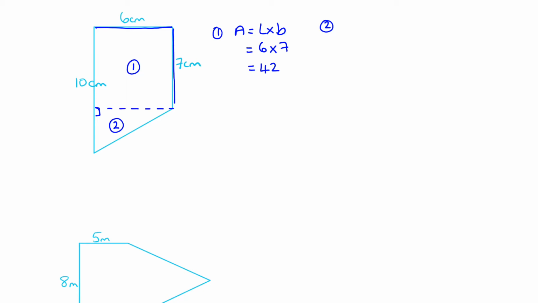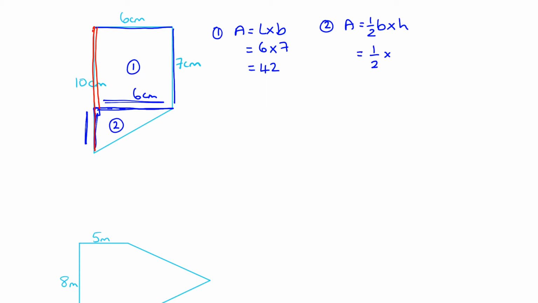And then the triangle, so it's a half base times height. And it doesn't matter which way round we look at this triangle, but let's imagine that we're tipping this triangle on its side. So this would be the base and this would be the height. So we know that the height's 6 centimetres and the base, well, this whole bit all the way along here is 10.